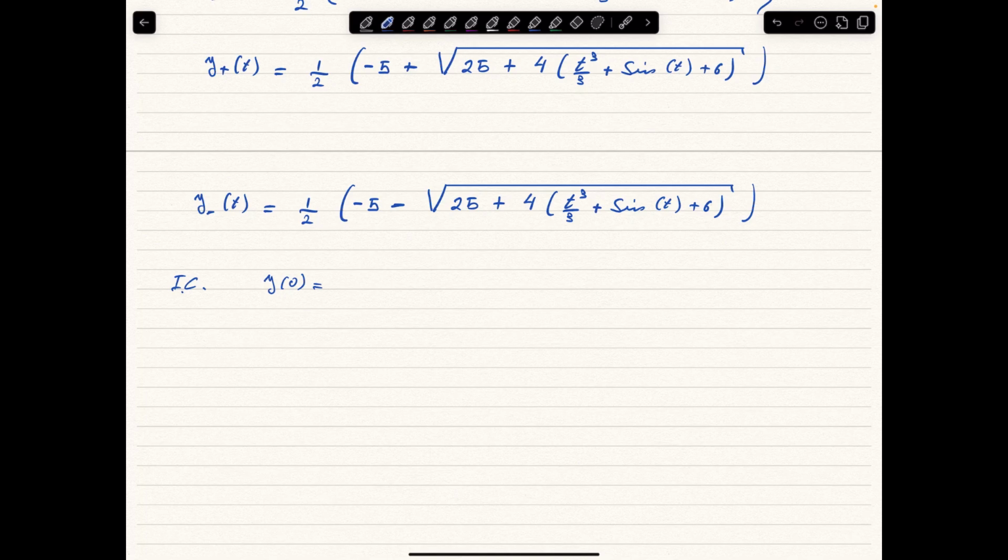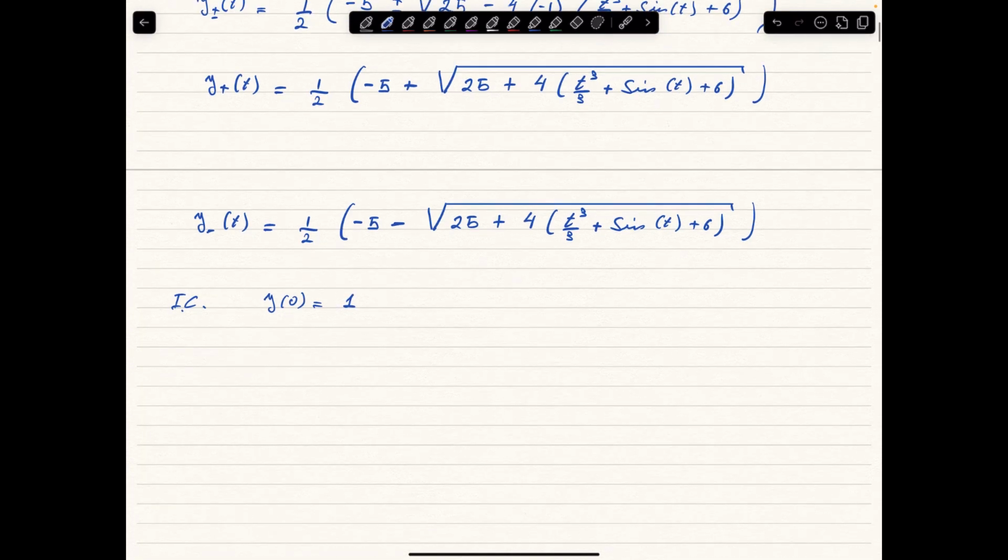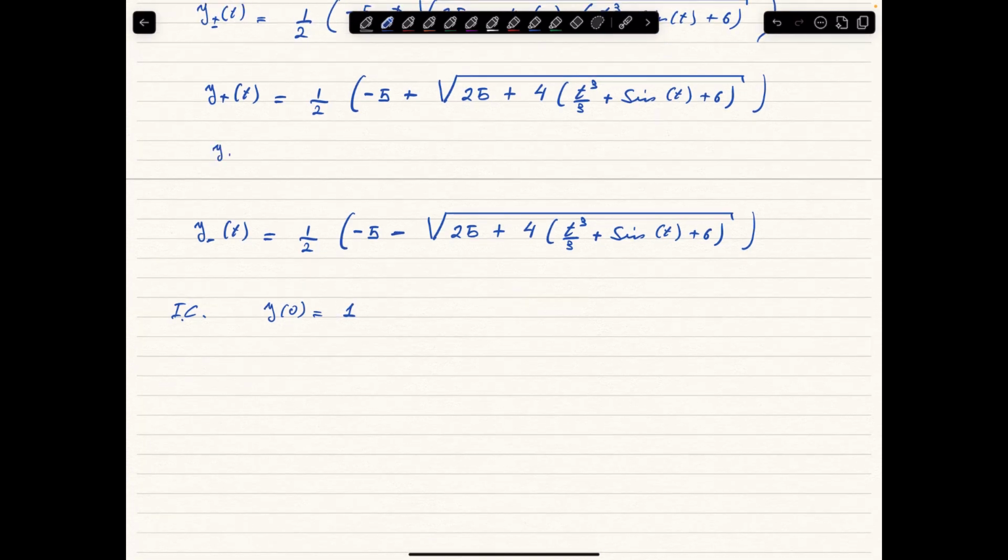y at 0, we said, is 1. What happens when we put y plus at 0? y plus at 0 is 1/2 negative 5 plus, and then we put 0, so all this is going to disappear, and we're going to have the square root of 25 plus 24.